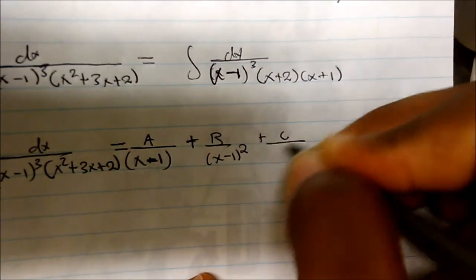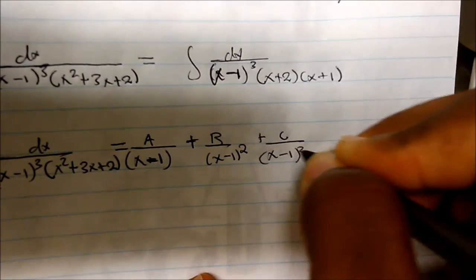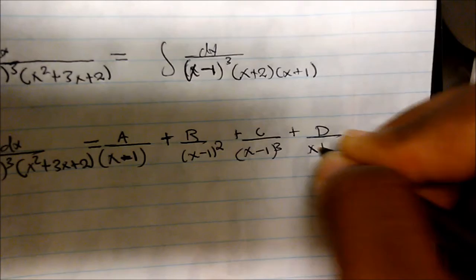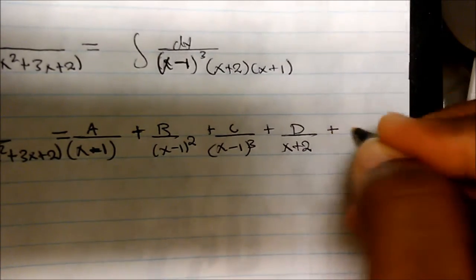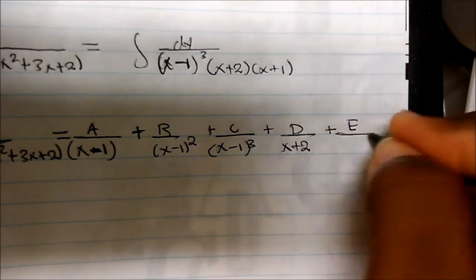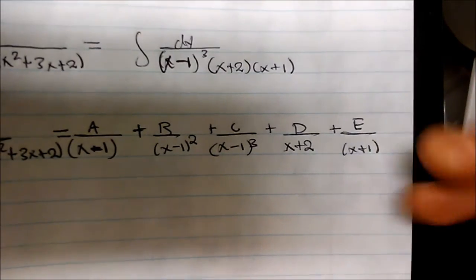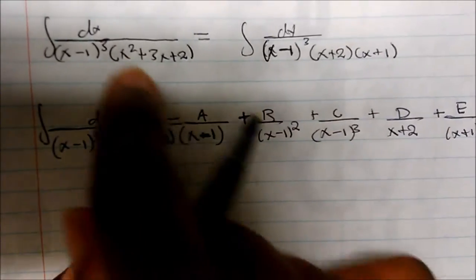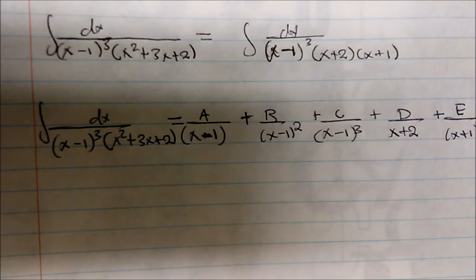So we have to write out the factors up until the last power. Plus C over x minus 1 cubed, plus D over x plus 2 plus E over x plus 1. So this is how we'd write out a complete decomposition for this problem. But again, look to see if your denominator is factorable.